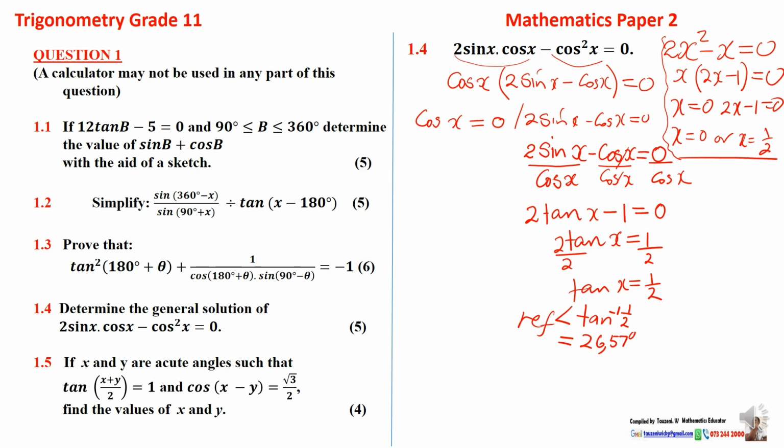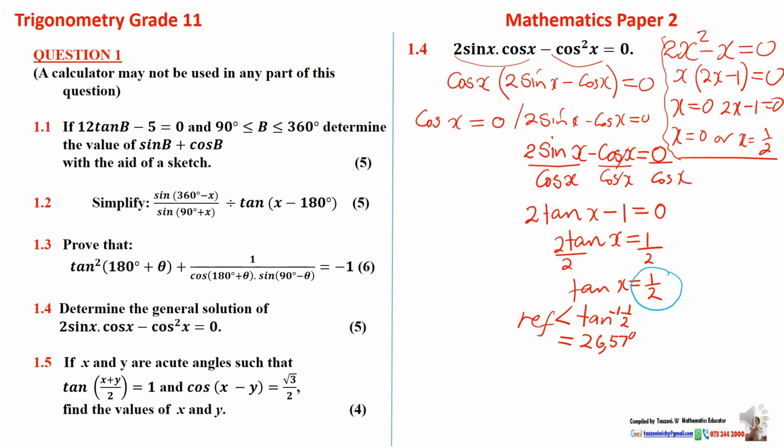Then to determine your solutions, you need to check the trigonometric expression you have in simplified form. Tan x is equal to 1 over 2. That 1 over 2 is positive.